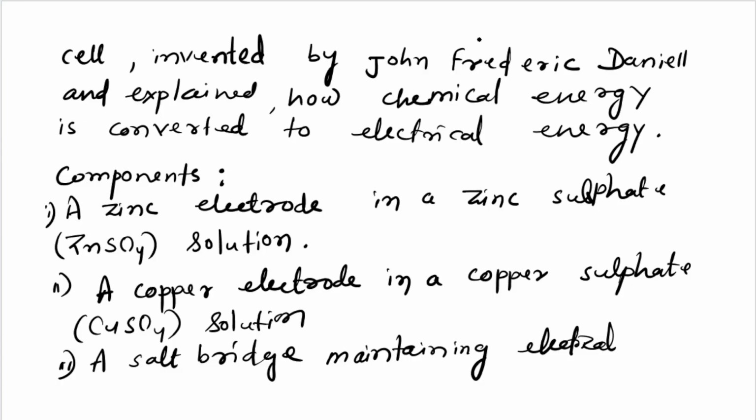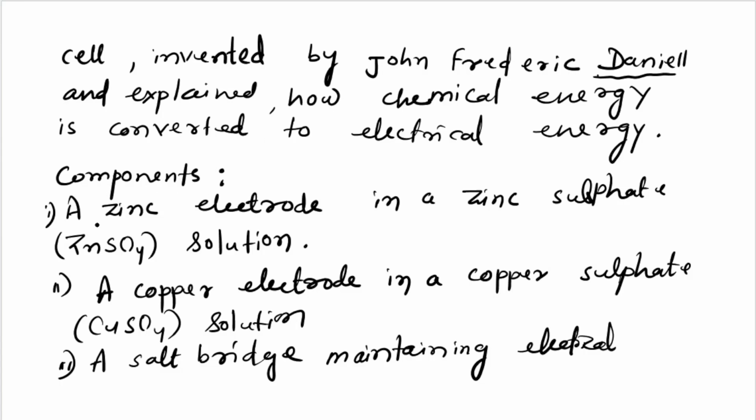That means Daniell discovered or invented this type of cell, where zinc electrode and copper electrode are used. What are its components, where chemical energy is converted to electrical energy?